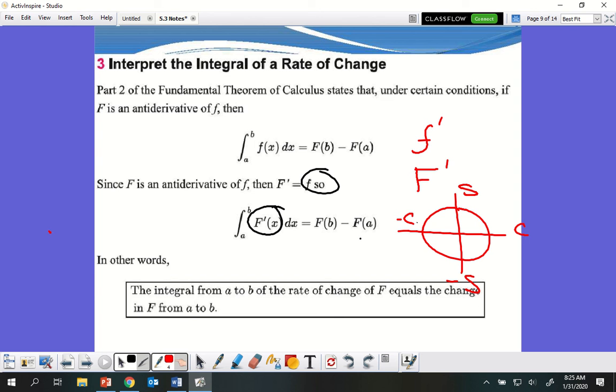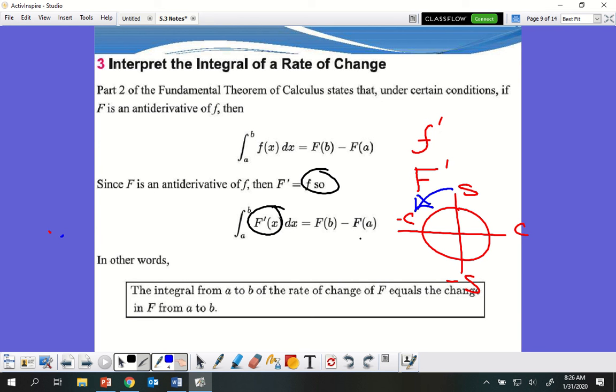So I'm going to use my wheel and go this way. If it's the integral, it goes counterclockwise. So let's start at sine. That's the integral, so it went from sine to negative cosine.